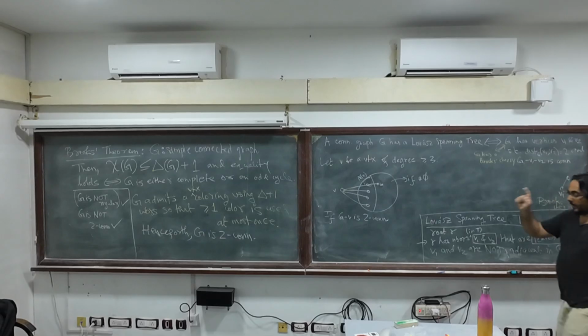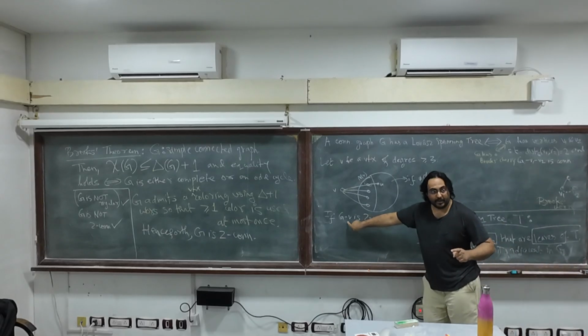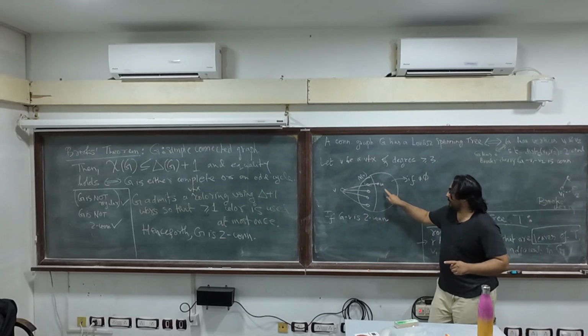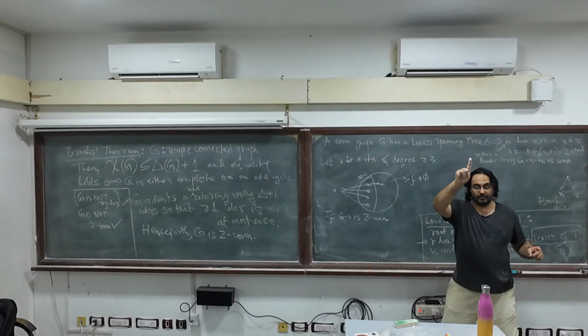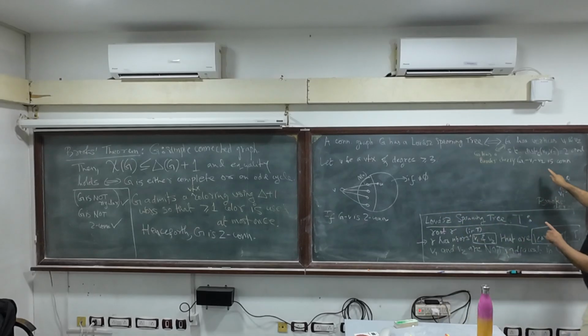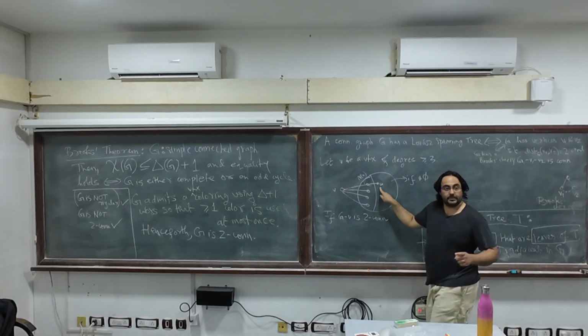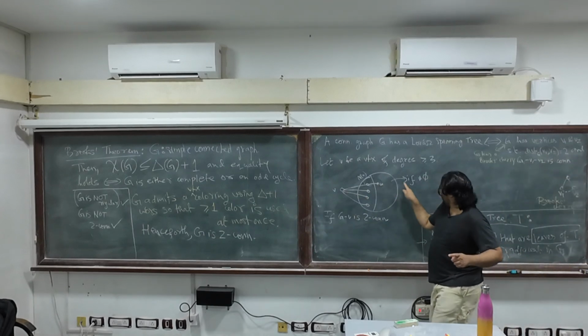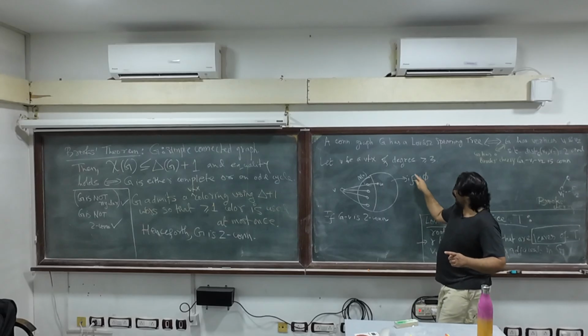Right? Because remember what we assumed? We assumed that G minus V is 2 connected. That means G minus V minus W is connected. If G minus V is 2 connected, G minus V minus W is connected, that is this condition, and V and W are at distance 2, because this is not in the neighborhood. We assume that this is empty.